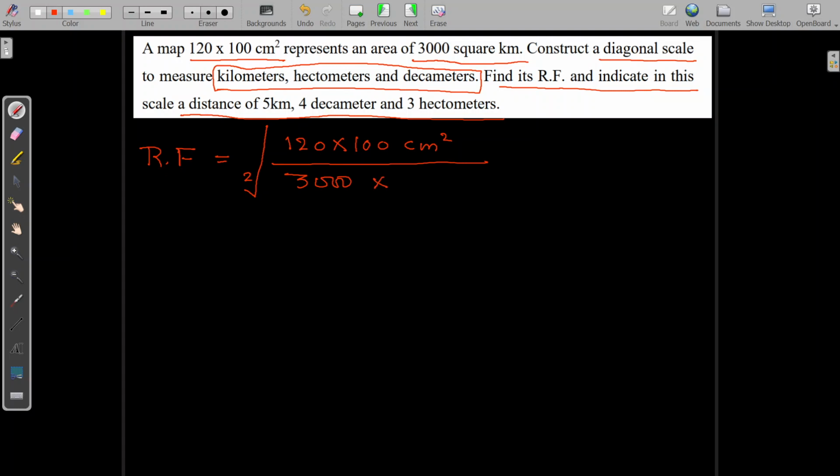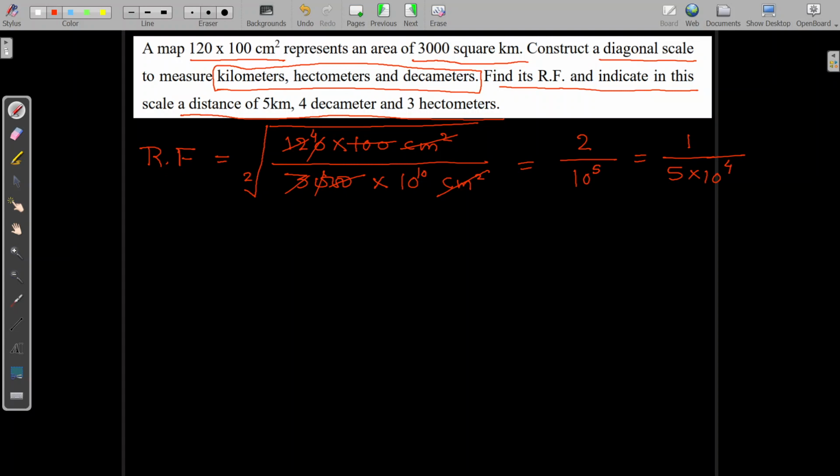Kilometer square in centimeter square will be 10 to the power 10 centimeter square. This will cancel out, and when you take the square root, it will come 2 by 10 to the power 5, or in other words 5 into 10 to the power 4. So this is your RF.